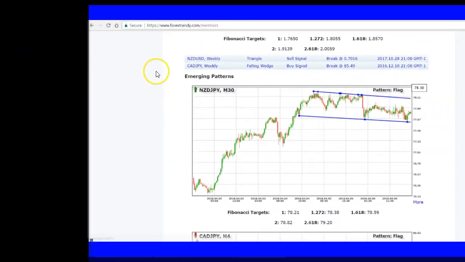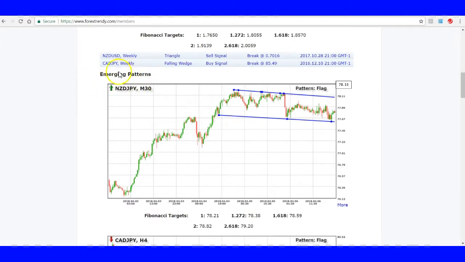And then you also have emerging patterns, which are setting up. So this is a New Zealand Japanese yen. They're scanning, looking at this as a bullish market. So it's looking to break this upper line here, and when it does, there would be possible trades afterwards, and it'll alert you.